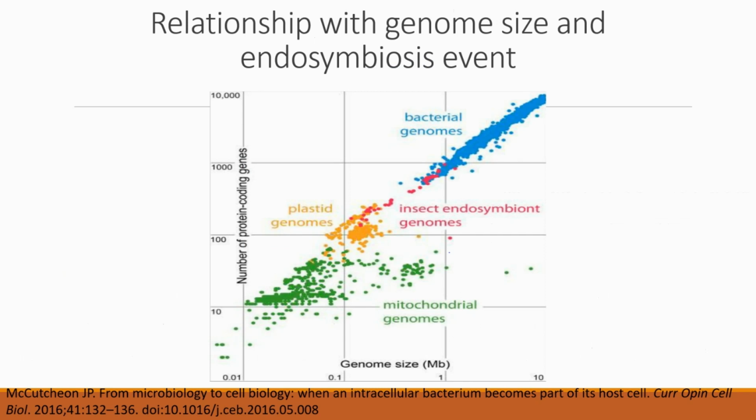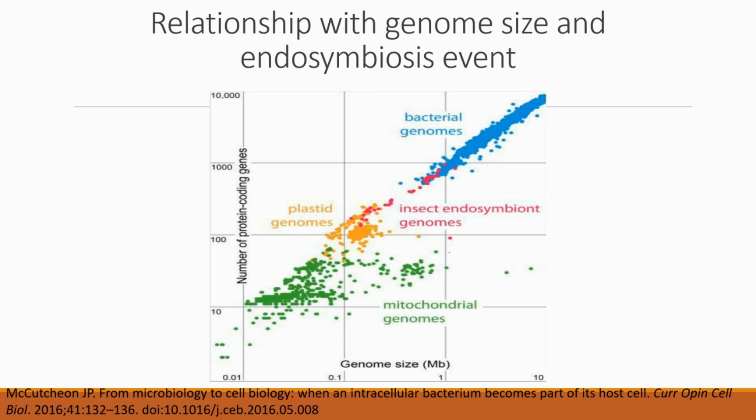And so the older an organelle is, as far as historically when it was first just an intracellular bacterium, the fewer genes it has. And so the first endosymbiont we have in eukaryotes, basically all eukaryotes share it, is the mitochondria.